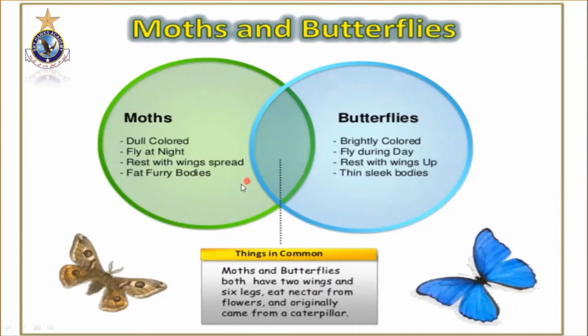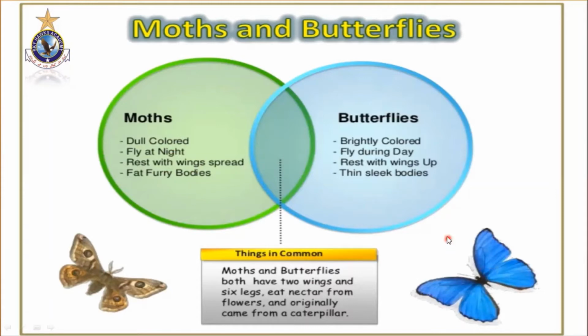This circle on the left side holds everything relevant to the moth, and this blue circle holds everything about the butterfly. The portion in the middle is where we write down all the commonalities between the two. First, for the moth: the color is dull, it flies at night, rests with wings spread, and has a fat, furry body, slightly fatty.